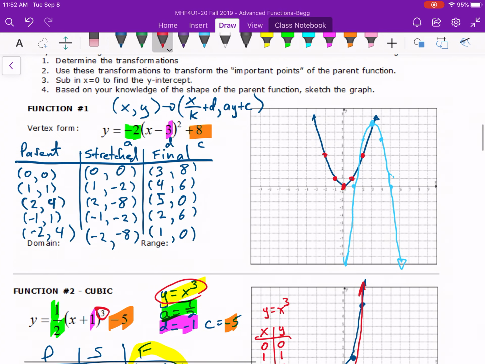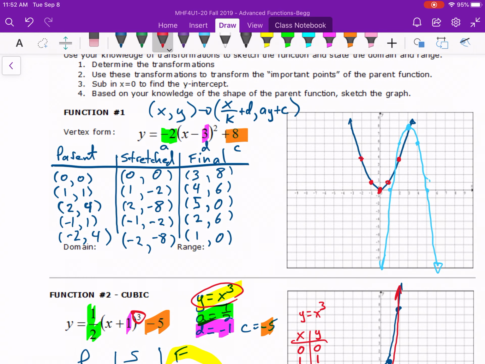I didn't talk about the domain and range, so let me backtrack to this one for a second. So I want the domain and range of the light blue. Well, it's a parabola. The domain is all real numbers. The range is all real numbers that are less than the vertex, so less than positive 8.